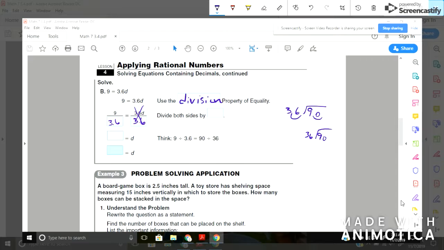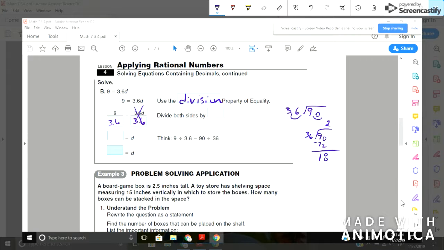Well, 36 would go into 90 only 2 times, which would be 72. And subtract, and you'd be left with 18.